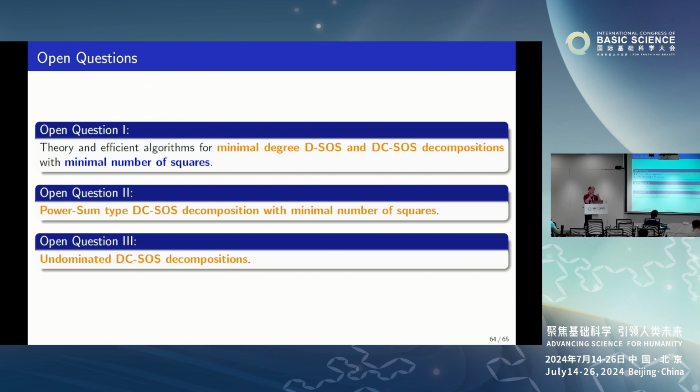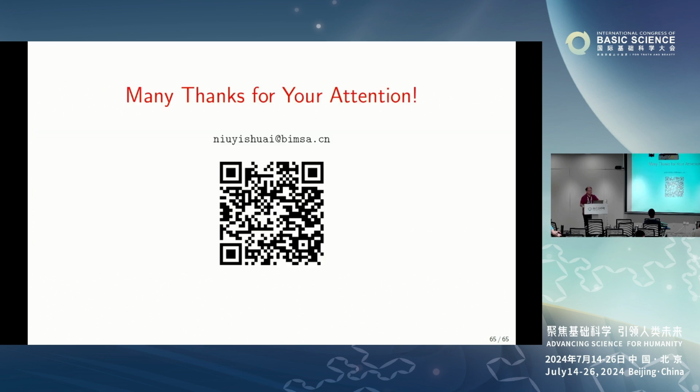If it is undominated, meaning that there does not exist any better decomposition than the current one in the sense of domination, this leads to the best approximation in the DC algorithm, so leading to a smaller number of iterations. So that's an important question, three important questions in our current work. I hope if you are interested, we can have more discussions. Thank you for your attention. I will stop here.